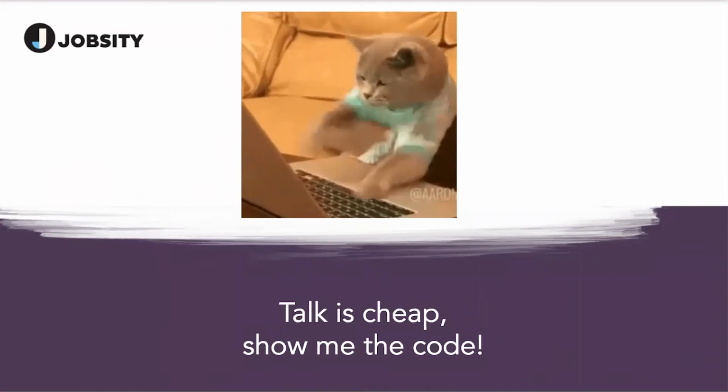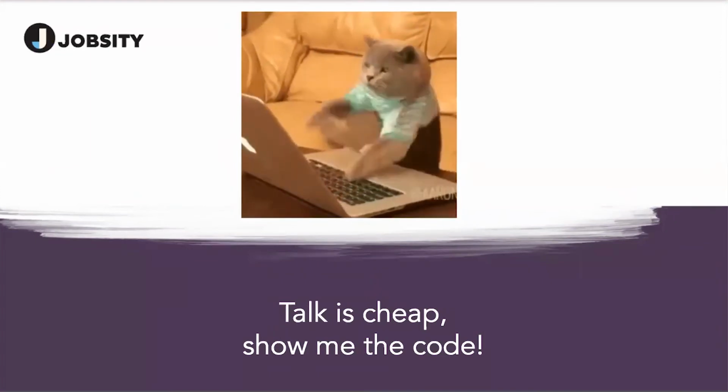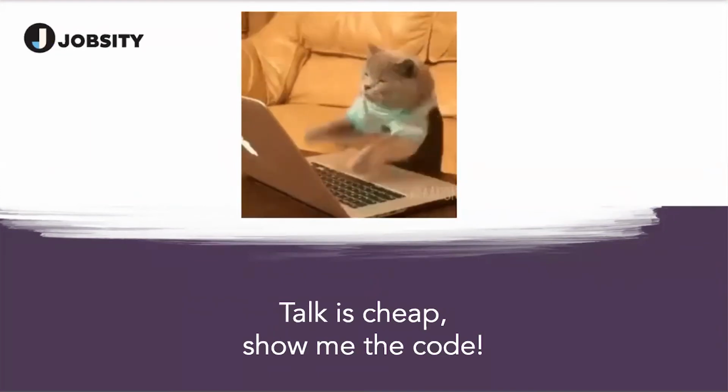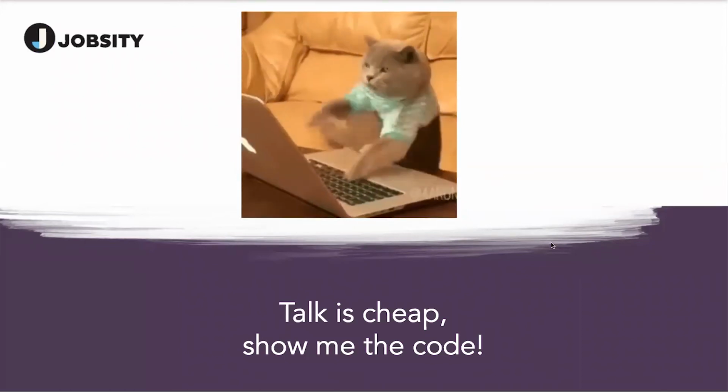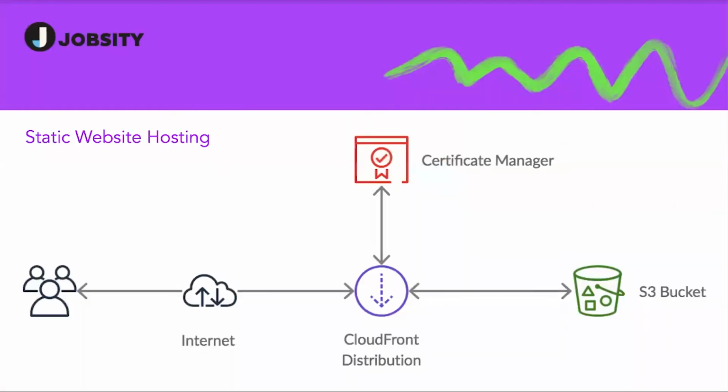Okay, so that was a long presentation, a lot of theory, but let's see some examples, right? Let's see some code. I prepared basically 3 examples that most of us are familiar with. This is maybe for a front-end guy that wants to deploy your cool app, your Angular app, your website, your portfolio, I don't know, your static website.